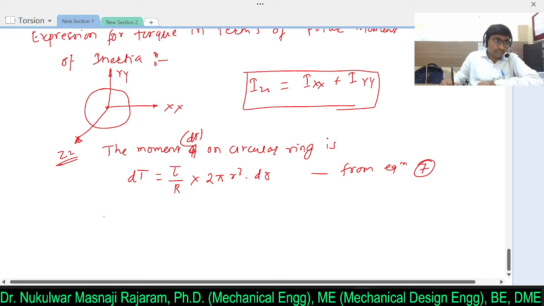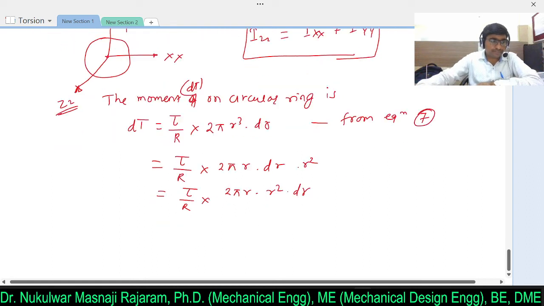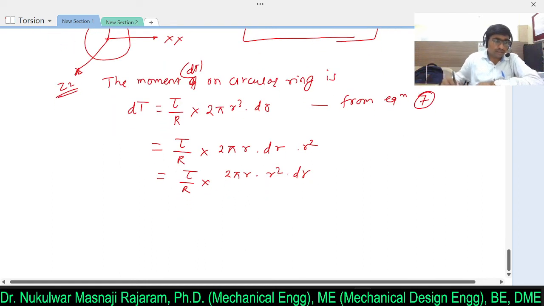Clear? So here I can rewrite this equation, tau divided by r into 2 pi r into dr into r square. Now if I rewrite again, tau by r into 2 pi r into r square into dr. Clear?